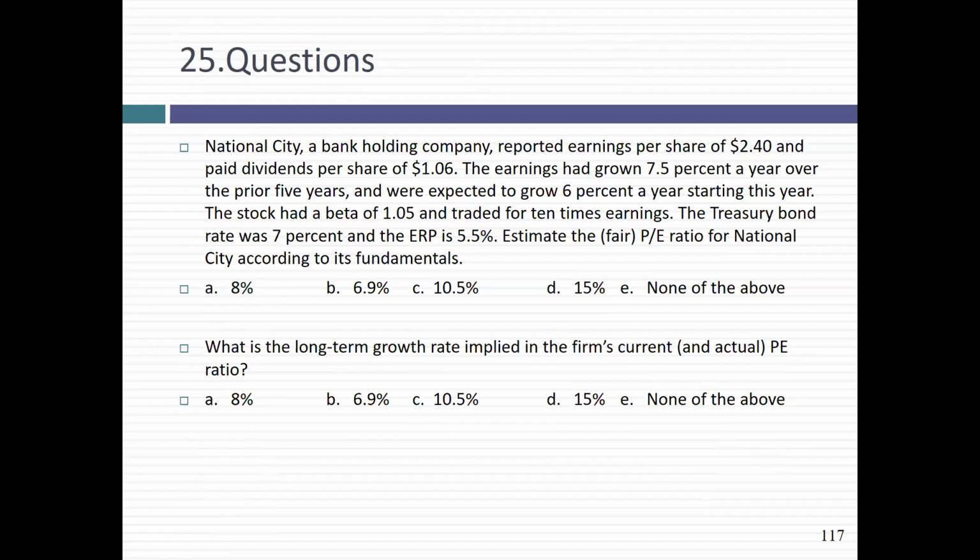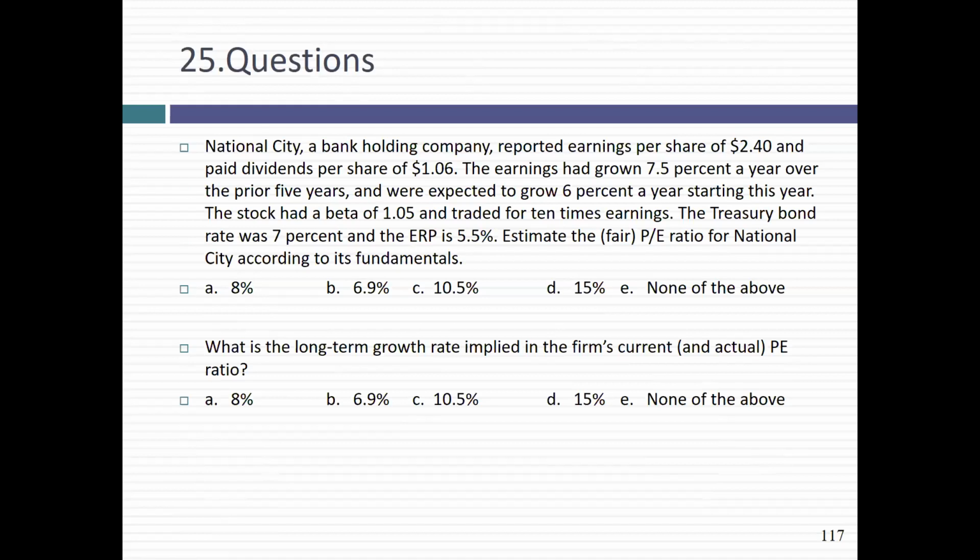With this information, we can then estimate what is the fair PE ratio. Now I say fair because this is fair according to its intrinsic fundamentals, right? So according to our estimates about the growth rate, the cash flow, and the discount factor, we can back out the PE ratio.